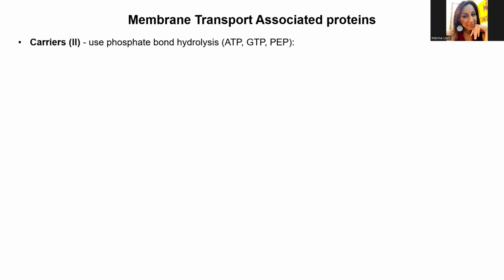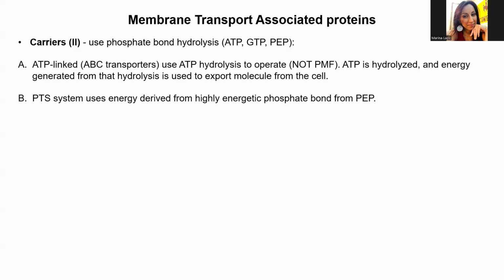Carriers two are also transporters, but unlike carriers one or secondary transporters, these use hydrolysis of highly energetic phosphate bonds, which can be either ATP, which you will see most often, or phosphoenolpyruvate, again something you saw when we talked about catabolite repression and lactose versus glucose utilization. So ATP-linked transporters use ATP hydrolysis, but not PMF.